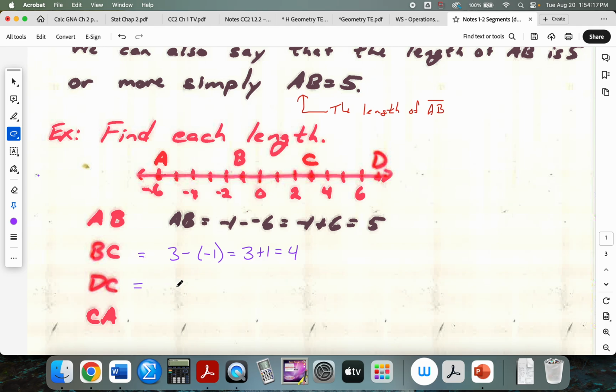The length of segment DC, well, we want to start with the one on the right, which is D. That's at 7, minus C is at 3. That is 4.